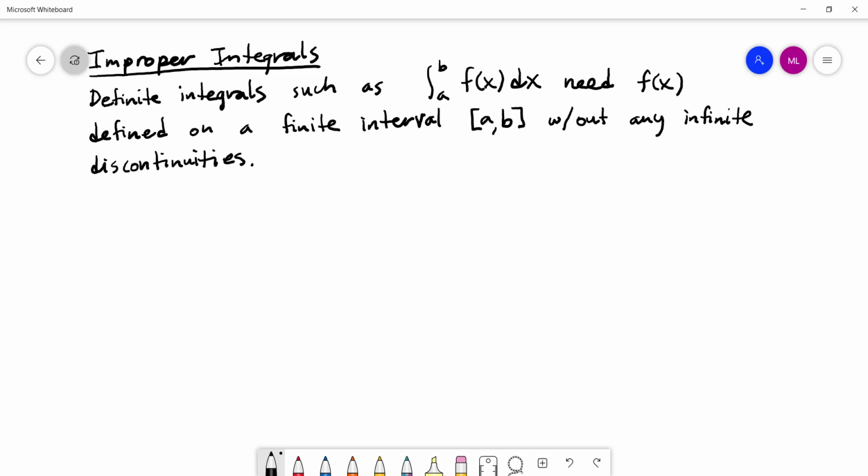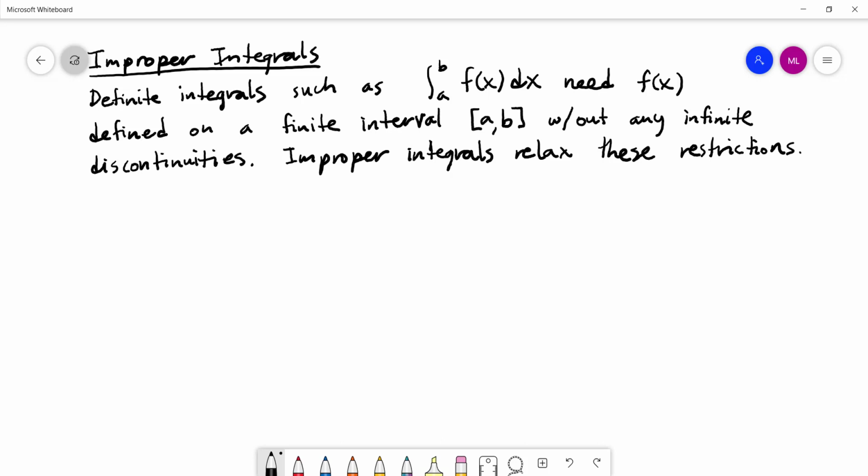When we start dealing with improper integrals, we're going to try to relax these restrictions. So improper integrals relax these restrictions. And there are two restrictions built into this that I mentioned a minute ago.